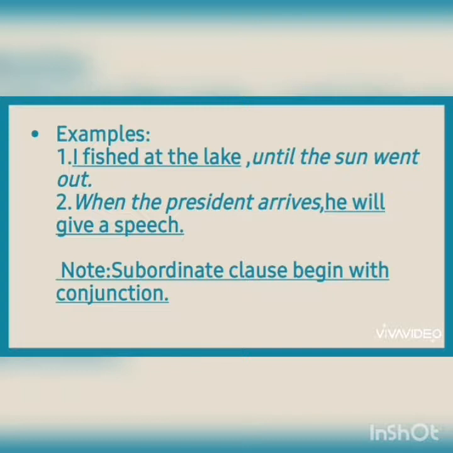And until the sun went out and when the president arrives are subordinate clauses because they don't make sense on their own. They depend on the main clause. Subordinate clauses begin with a conjunction.